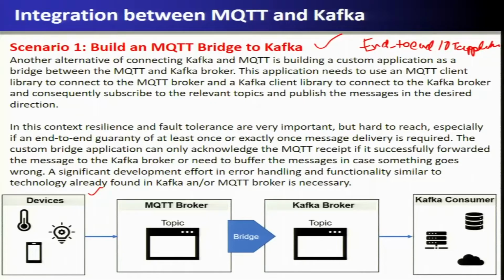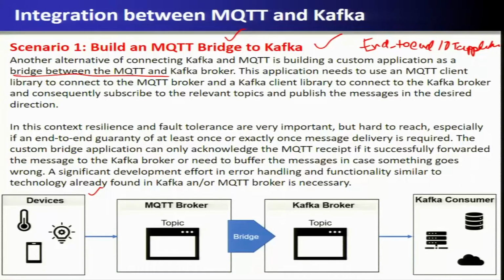For an end to end IoT application, the first scenario is to build a pipeline using an MQTT bridge to a Kafka connector. An alternative for connecting Kafka is to build a custom application as the bridge between MQTT and the Kafka broker.